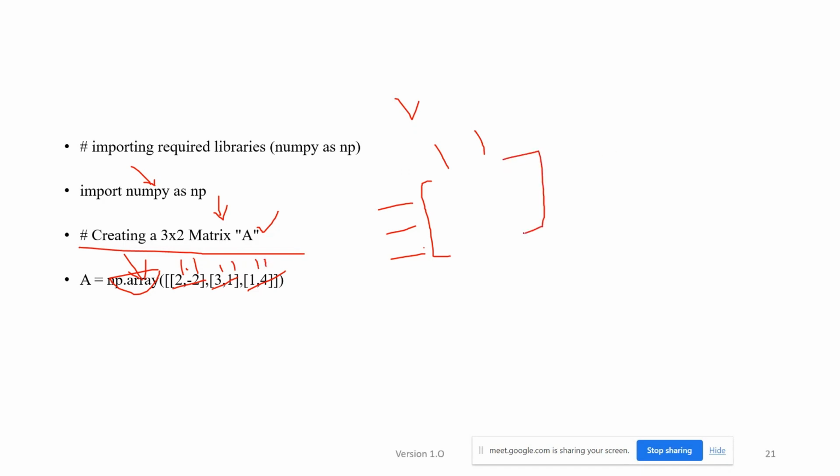So my matrix is three rows, two columns, a 3 by 2 matrix. These are the values: 2, minus 2, 3, 1, 1, 4. Like this, we are creating a matrix.